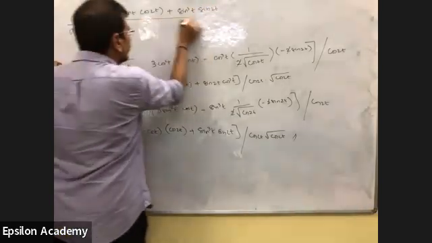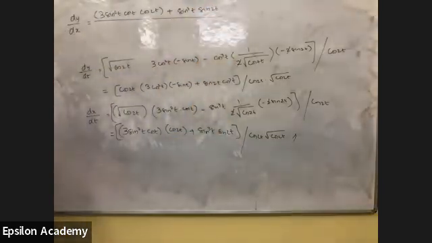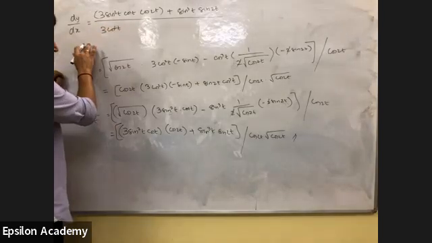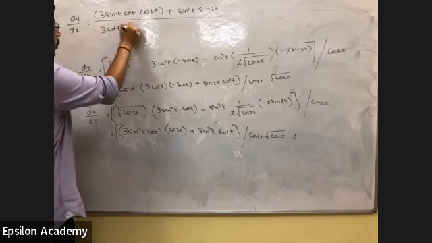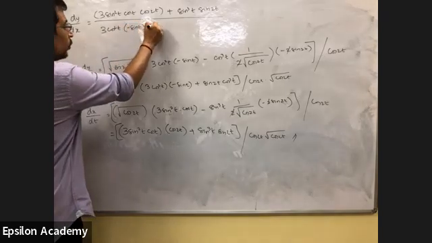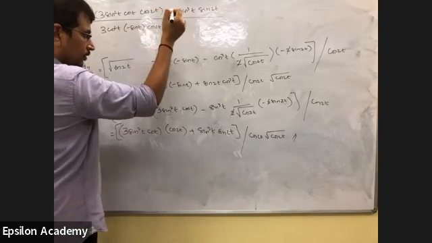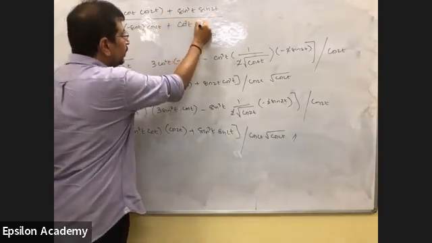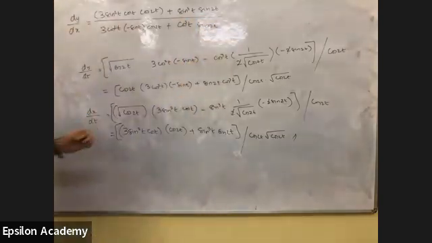The whole divided by 3 cos square t into minus sin t into cos 2t plus cos cube t into sin 2t.